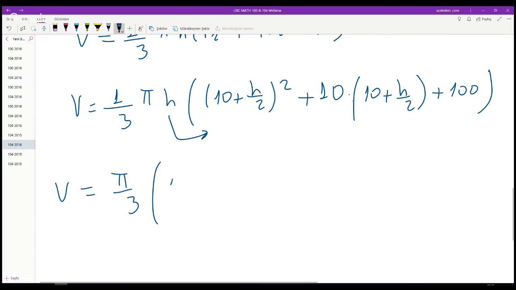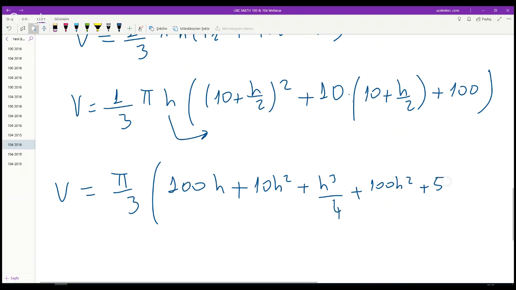So which is like 100h plus 10h squared plus h squared over 4, which leads to h cubed over 4 plus 100h, and 5h squared plus 100.